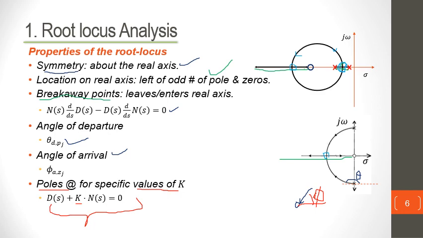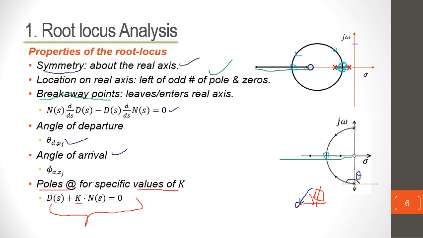Another way is to calculate the point at which the root locus cuts the imaginary axis. Sometimes the best tool to use in that instance is the Routh-Hurwitz criterion or the Routh-Hurwitz method.